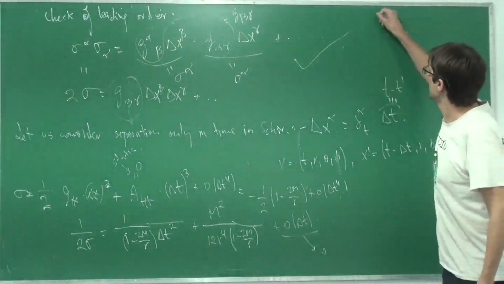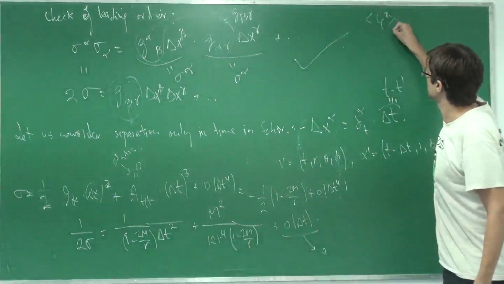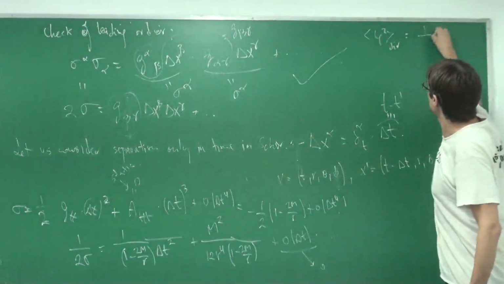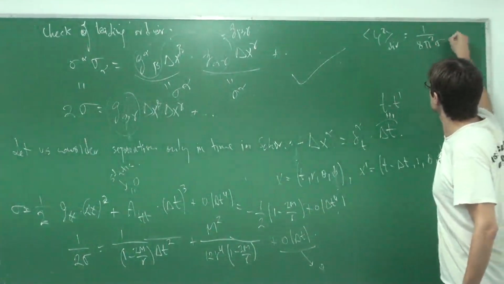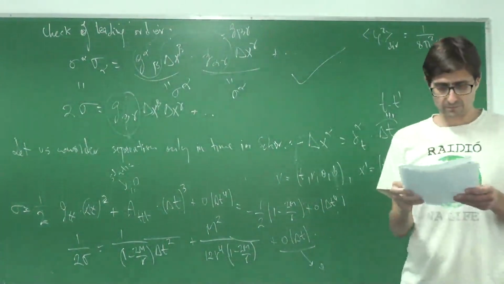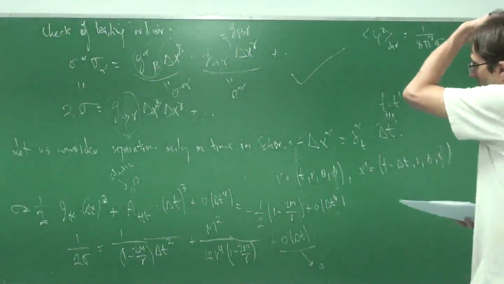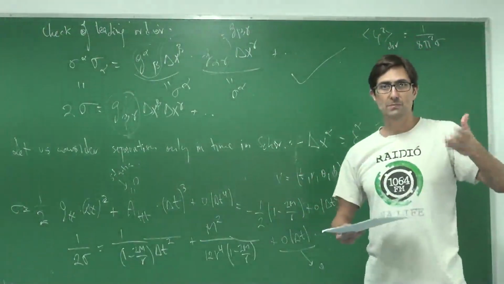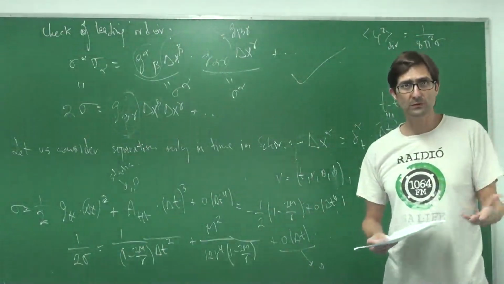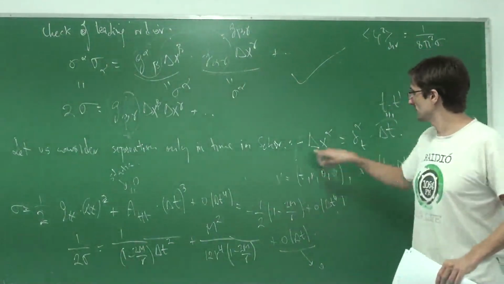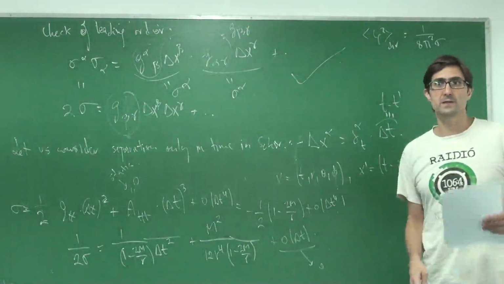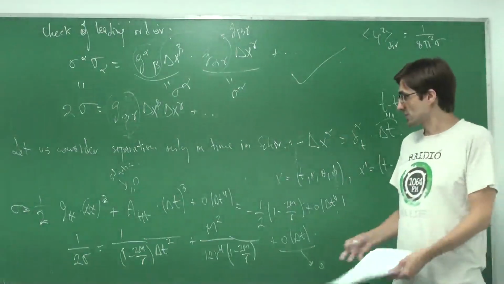Okay, so remember, phi squared is 1 over 8 pi squared sigma. And you choose your separation in any way you want. We choose it like this, and you find this.